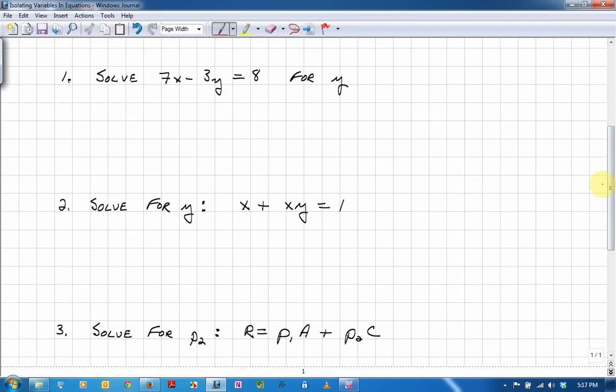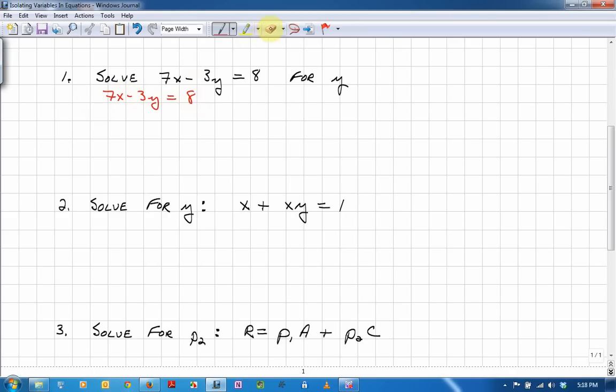In the first example, we want to get the y alone. It says solve for y or isolate y. So if I had 7x minus 3y is equal to 8, the first thing I would do is move the 7x over to the other side. I would subtract 7x from the left side, and I would also subtract it from the other side.